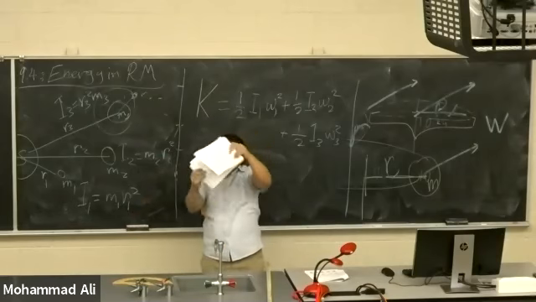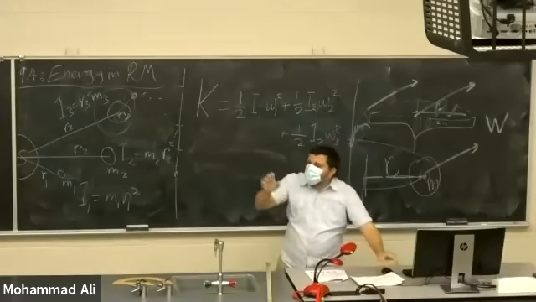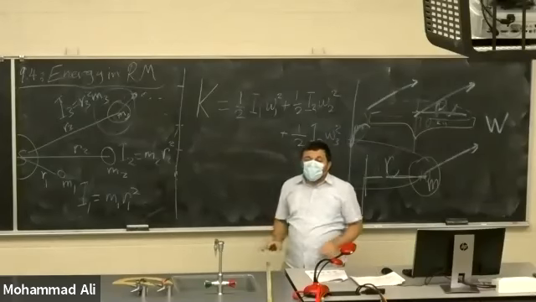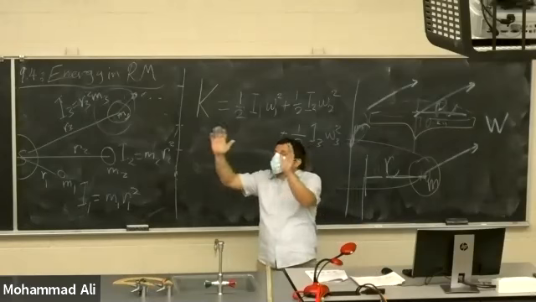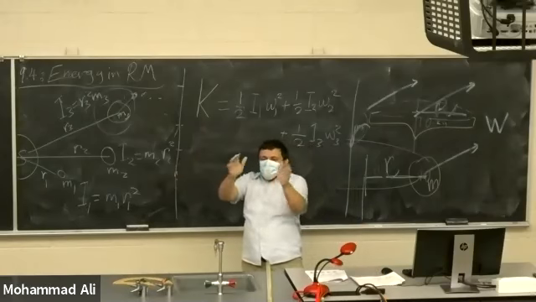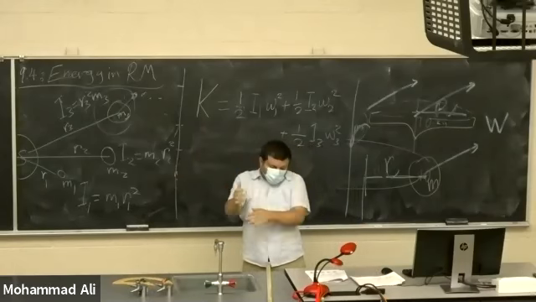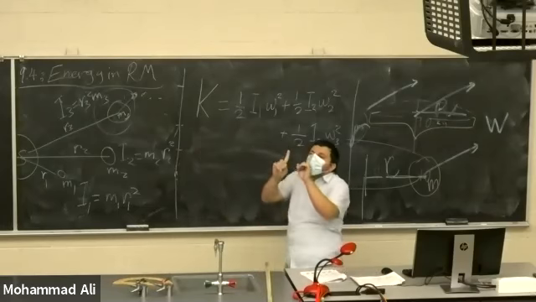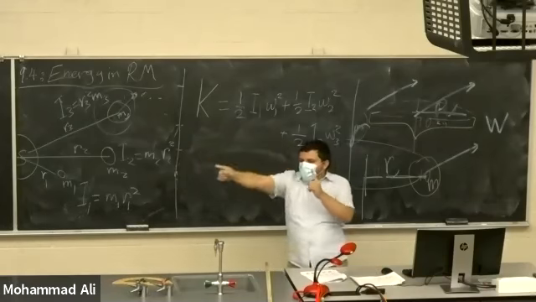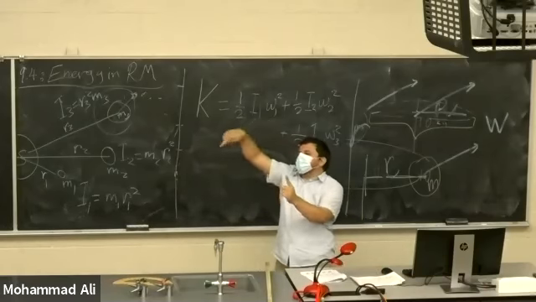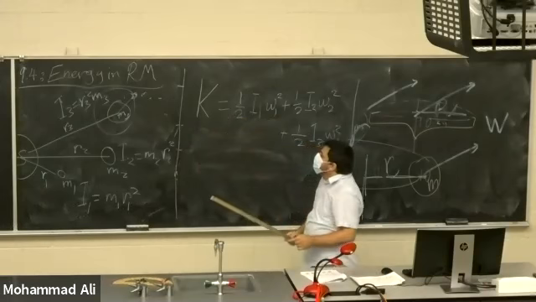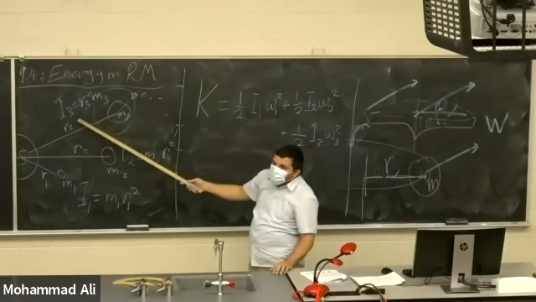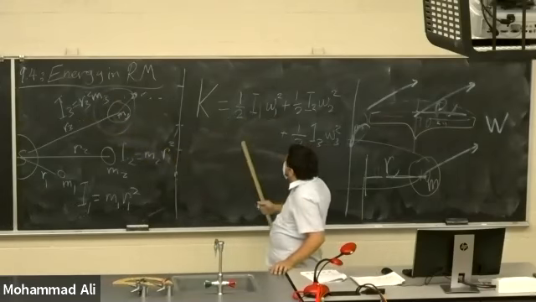Okay? Because assume that their masses are the same, but the mass distribution is different from one object to another object. For example, for a point mass rotating around a point, the moment of inertia I is mr squared.